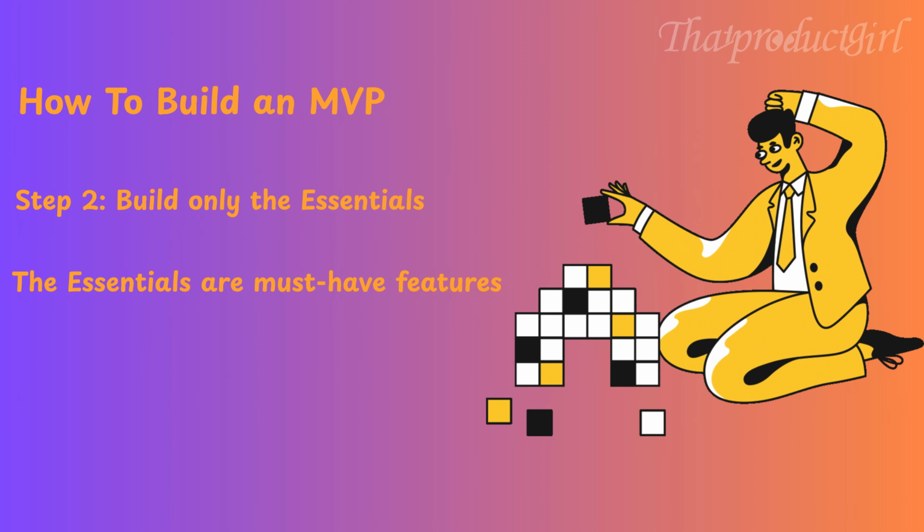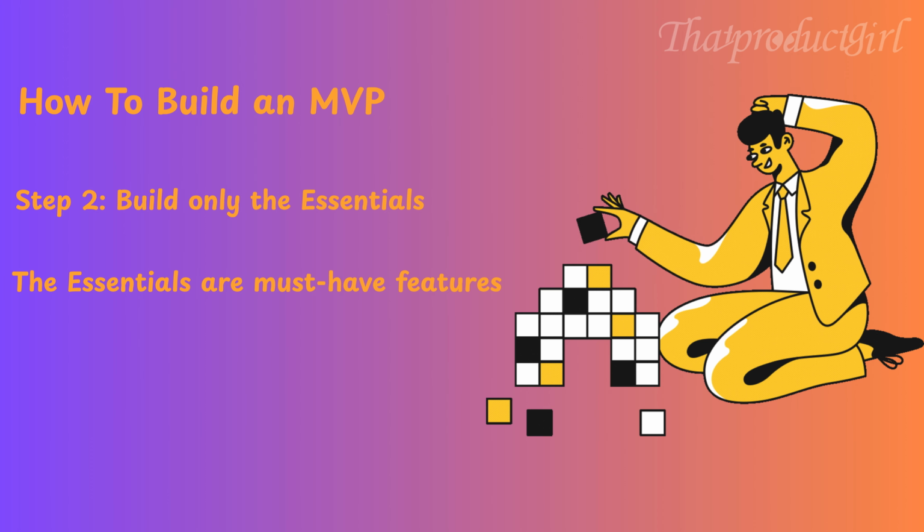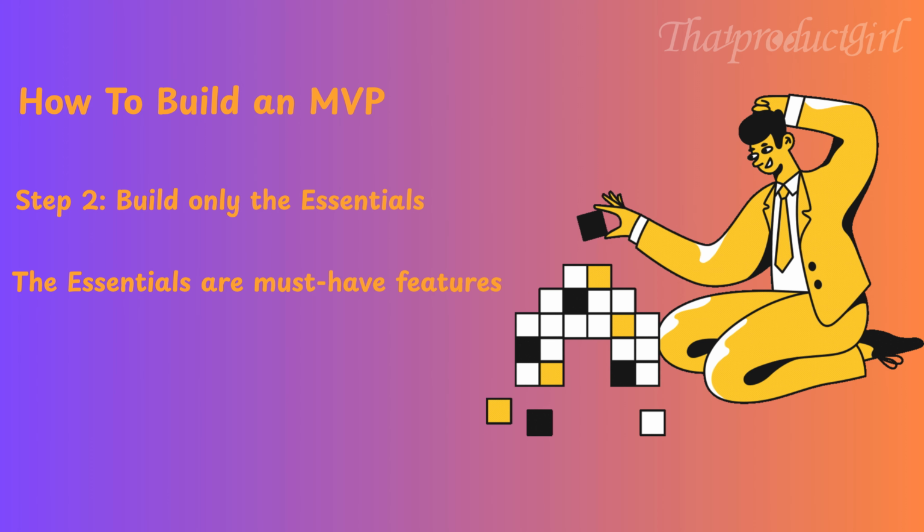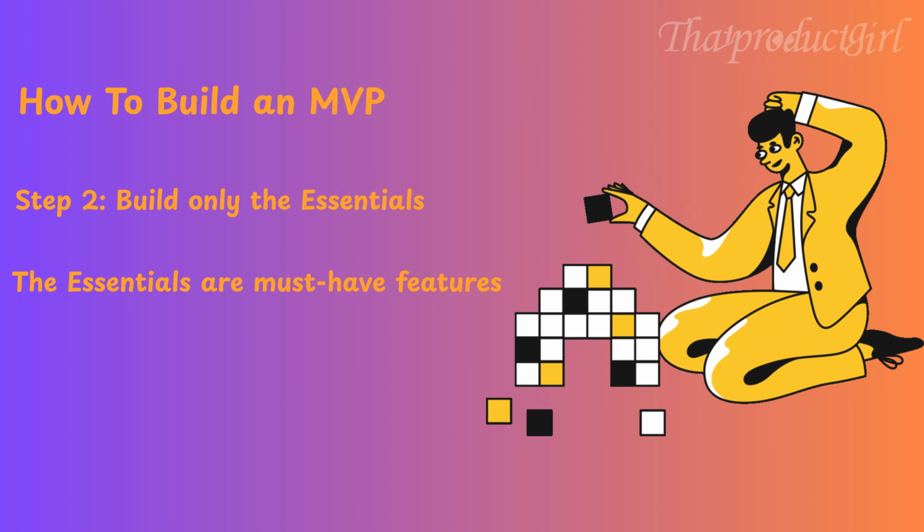Step 2. Build only the essentials. In this part, the essentials are the key or must-have features that solve the problem that a user keeps on experiencing. For example, Dropbox started with a simple explainer video, no app, just validation.